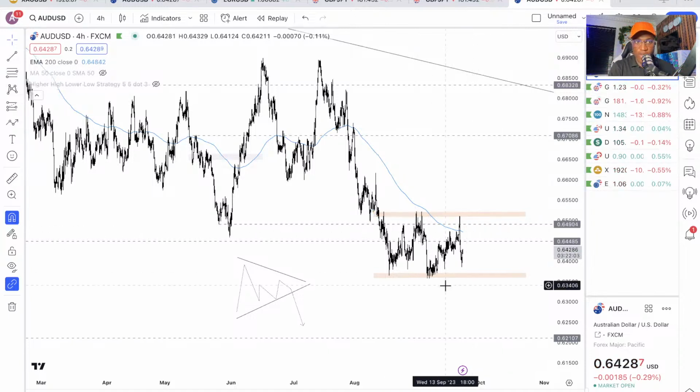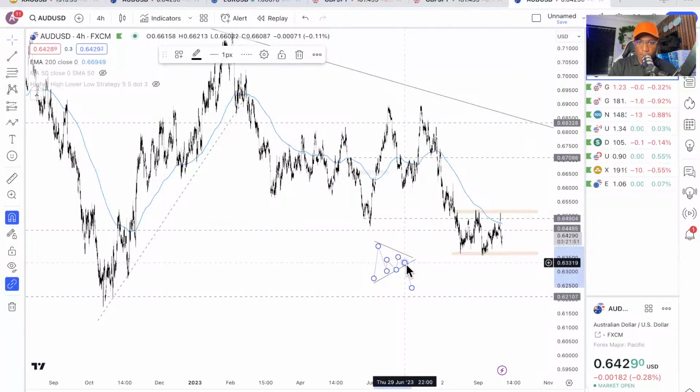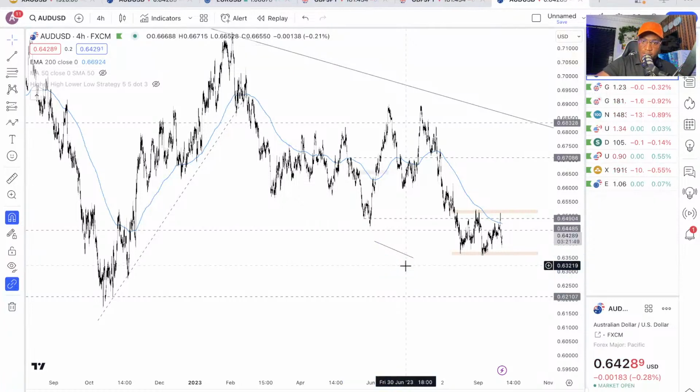So what we'll be observing on Aussie dollar is a breakout of either the resistance level or the support level. That's what we want to look out for. Considering the strength of the dollar, if we have a nice breakout to the downside, then we want to execute our trades at the retest.